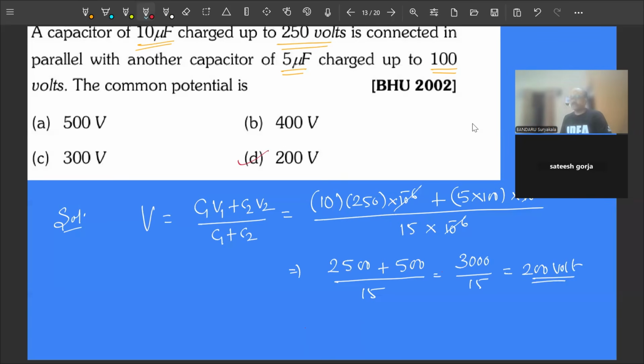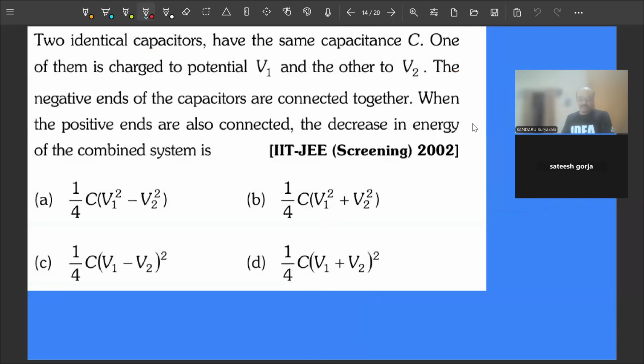200 volts. Clear? So the next problem: two identical capacitors having a charge. Both are capacitance C, so we can take C1 and C2. Both are identical capacitors, meaning C. One is charged to the potential V1 and another to V2.